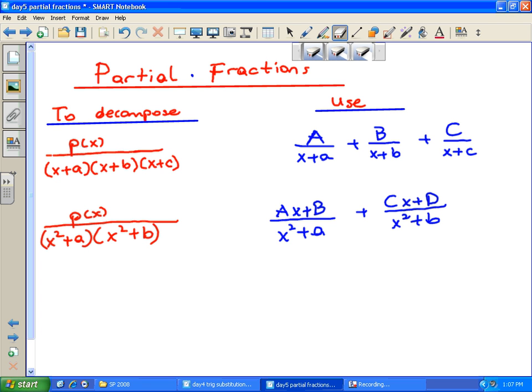So the thing we should learn from these two examples is, for the first one, if you have a product of linear factors, our goal will be to try to separate them into just a number over the linear factor, another number over the other linear factor. If you have what we call an irreducible quadratic, because x squared plus b, can you factor that again into further factors?